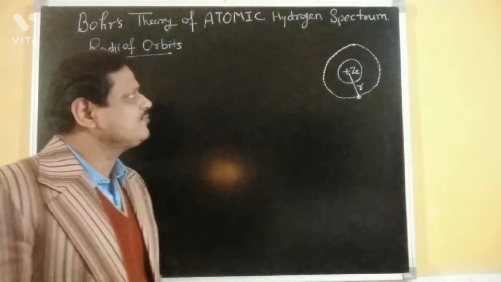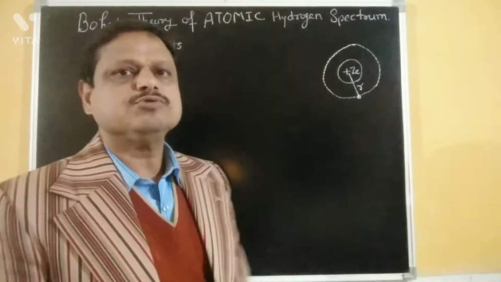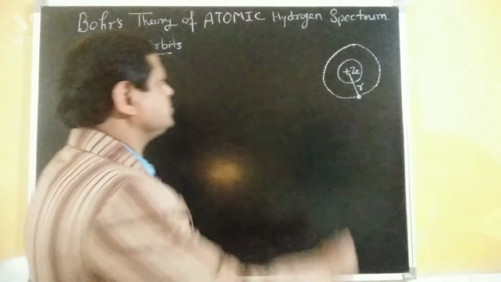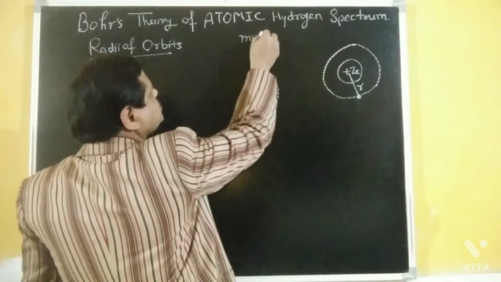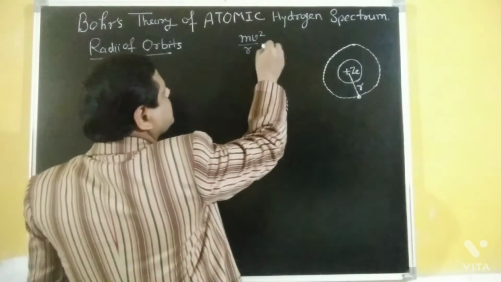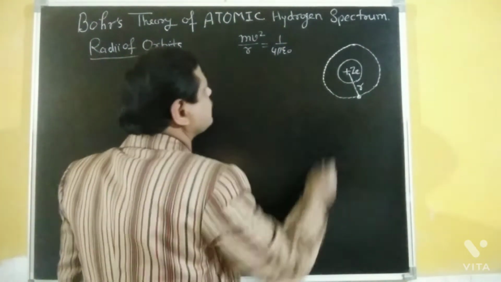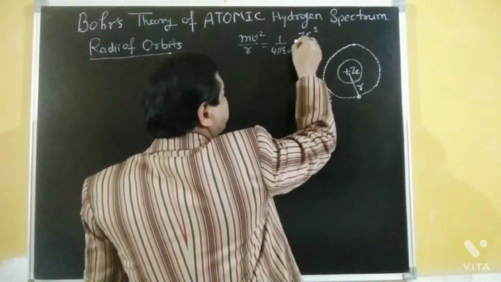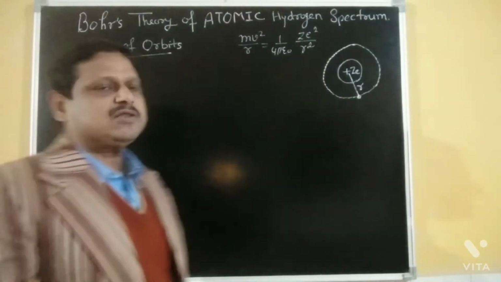You know very well the first postulate of Bohr's theory, that is the postulate for stationary orbit. According to it, mv square upon r is equal to 1 upon 4 pi epsilon naught, z e square upon r square.